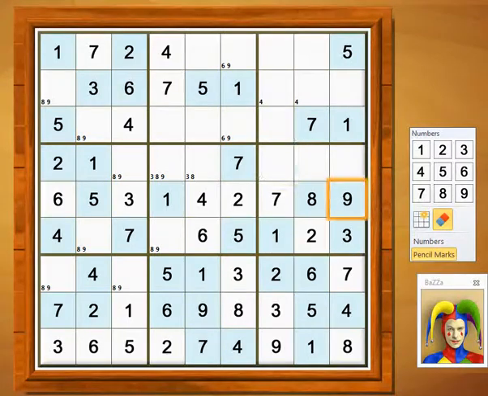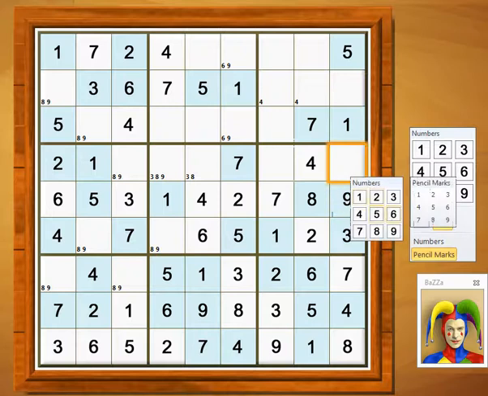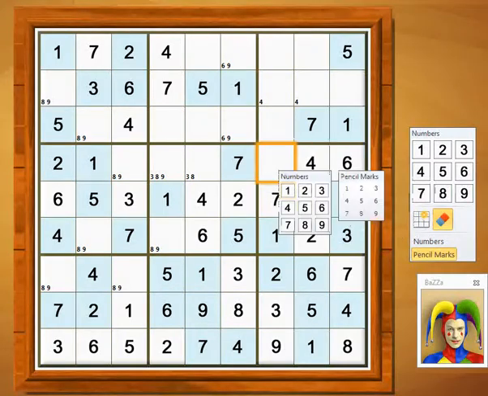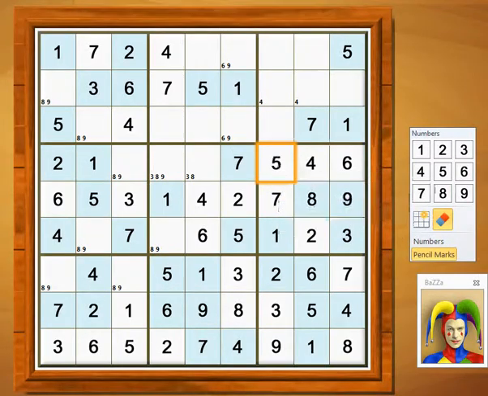And if we look in this cube, we're missing 4, 5 and 6. If I come down here, I've got 5 and 6 already in a column, so that has to be the 4. This is 5 or 6, and this is 5 or 6. But I've got a 5 in this column, so that has to be the 6, which makes this one the 5.